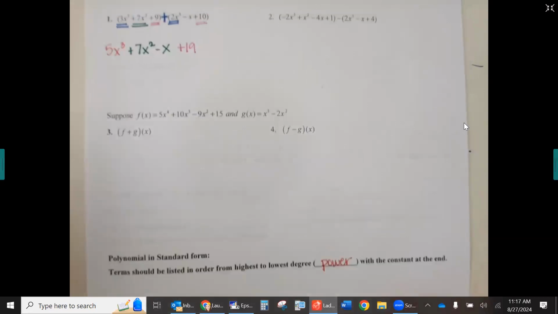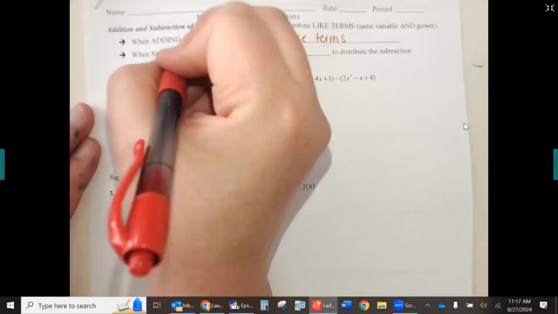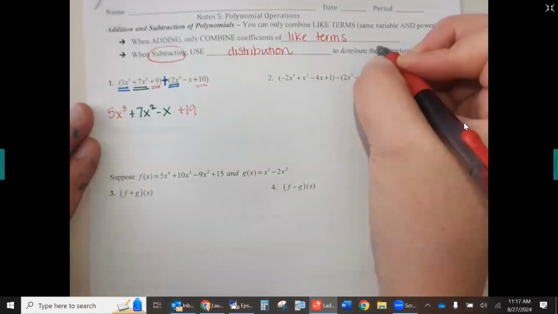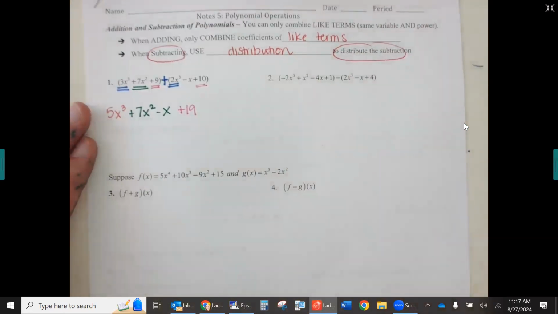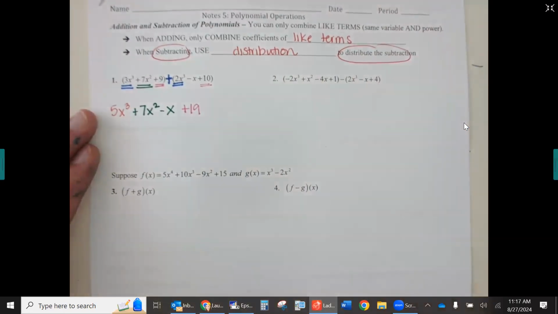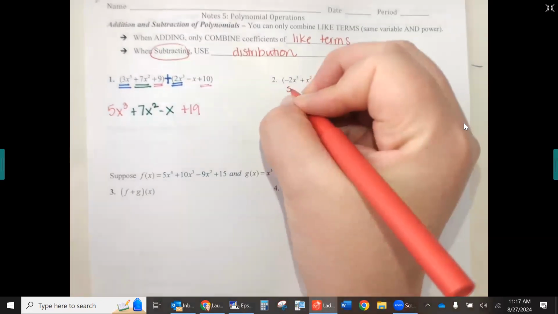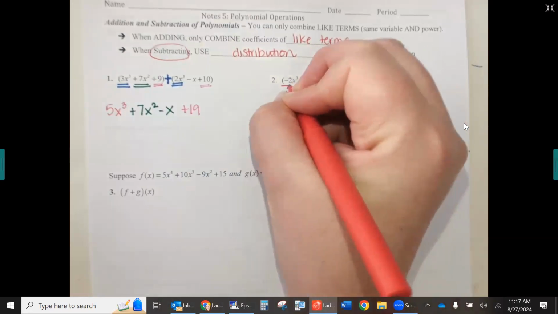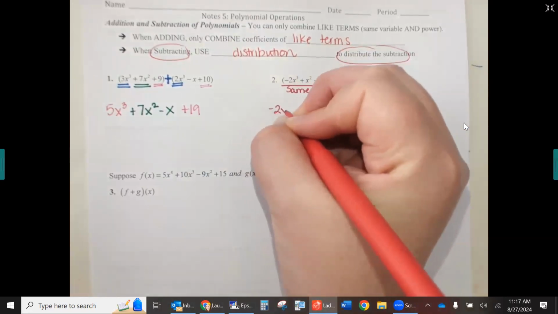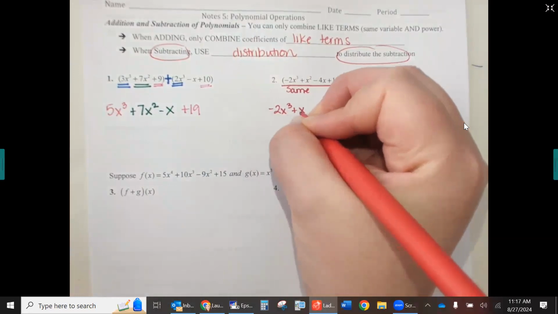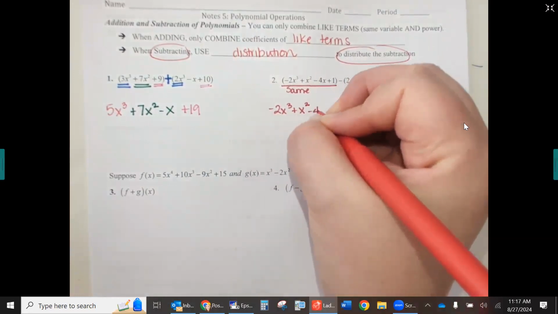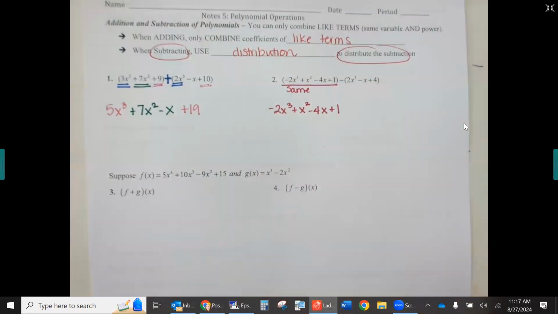At the top right here, it says, if you are subtracting, you need to distribute the subtraction into the parentheses. So what that means is my first parentheses is going to stay exactly the same. So I'm going to have a minus 2x cubed plus x squared minus 4x plus 1.